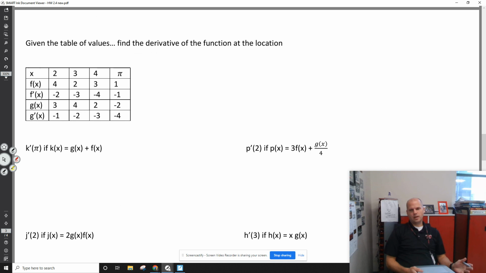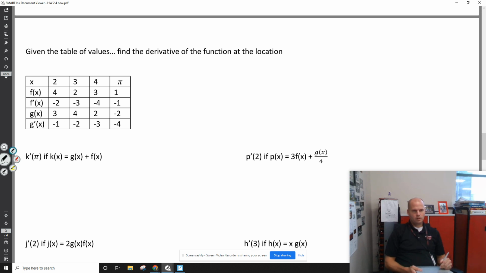All right, that leads us to table problems, where we're asked to get numerical answers, but we're not given functions. We're just given notations. Like k is g plus f. And what's k prime of pi? You take the derivative of both sides, and the derivative of k is k prime. The derivative of g plus f is just g prime plus f prime. The derivative of a function is the tangent slopes of the function.